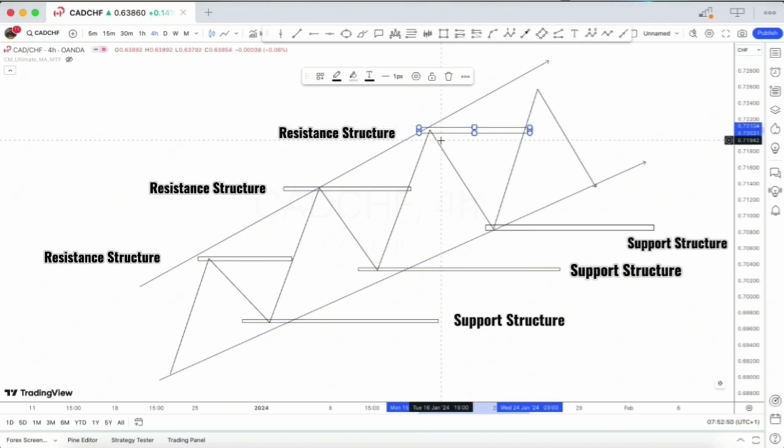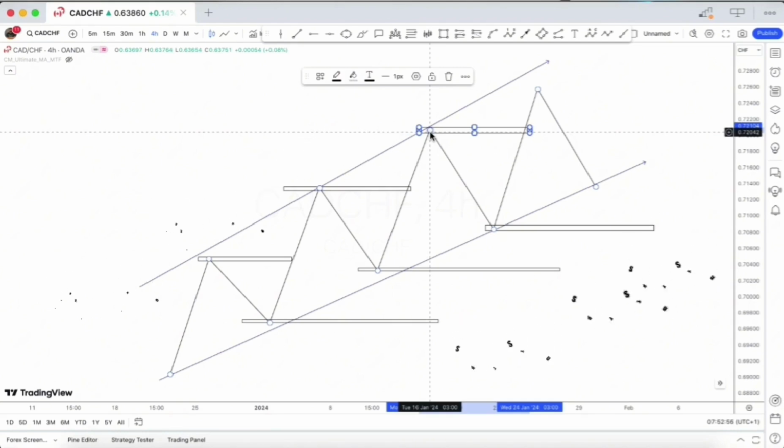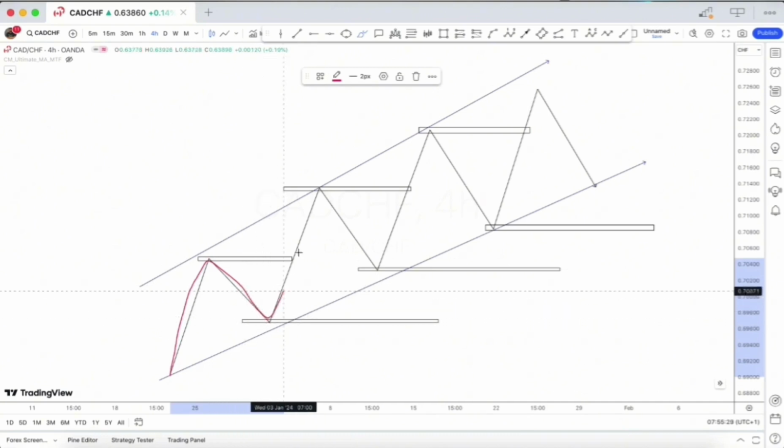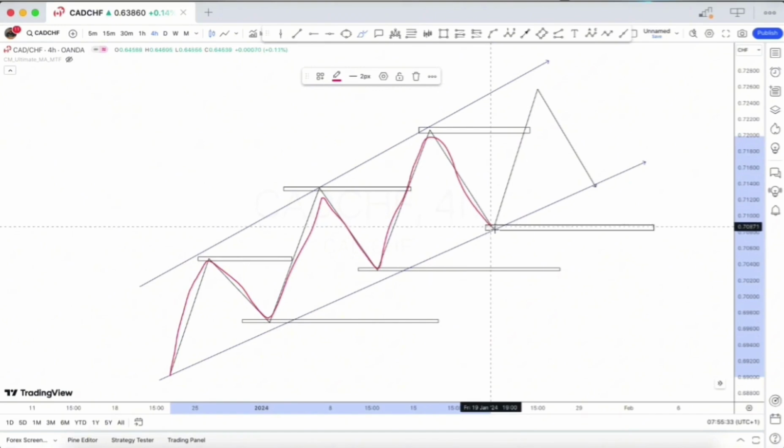Once you identify the support level and the resistance level on a trending market, this is the best time for us to start looking for trading opportunities, because in this whole scenario in an uptrend, we have the impulse and the correction, the impulse, the correction, and we also have the impulse and the correction.